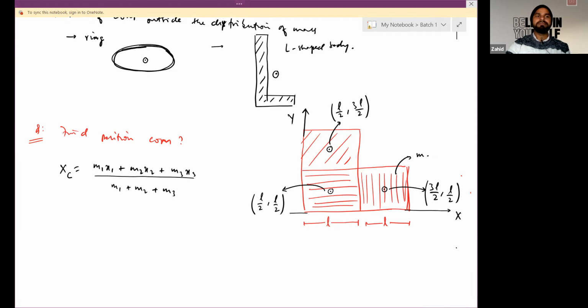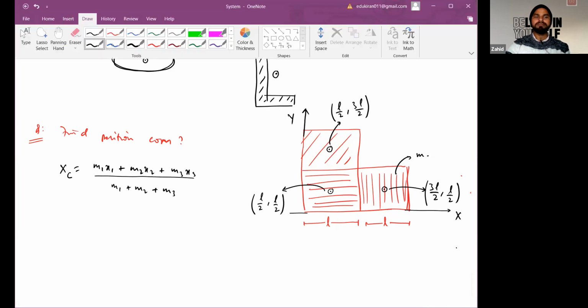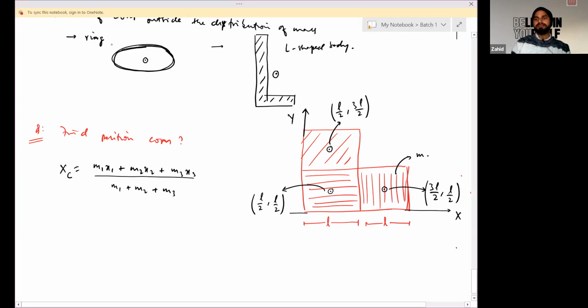Is it clear? Salman, any doubt? No, sir. I was doing this. I got the answer. Okay. Now put all the values in this formula. Take the value of M1, M2, M3 to be M.